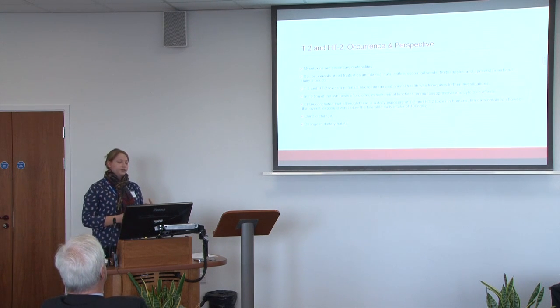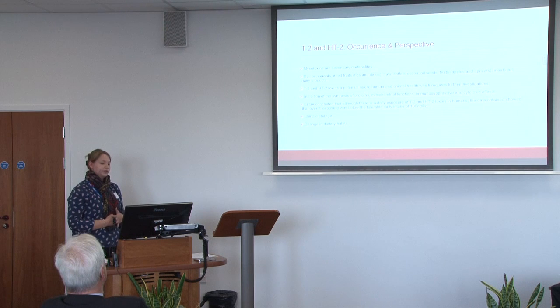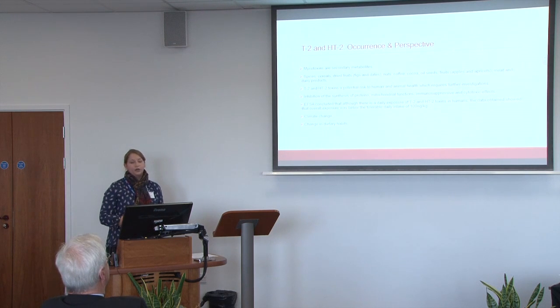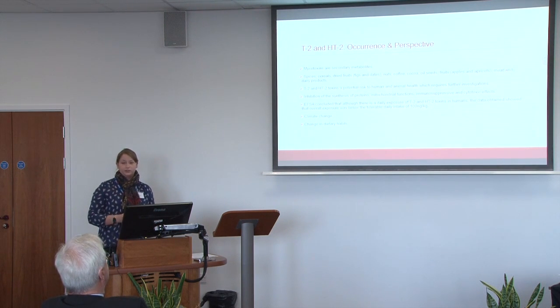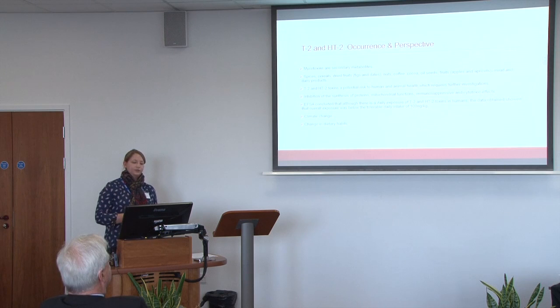It has been established that both these toxins have a potential risk to human and animal health, but further investigation is required. Their toxic effect works by inhibiting the synthesis of proteins, inhibiting mitochondrial functions, and having an immunosuppressive and cytotoxic effect.